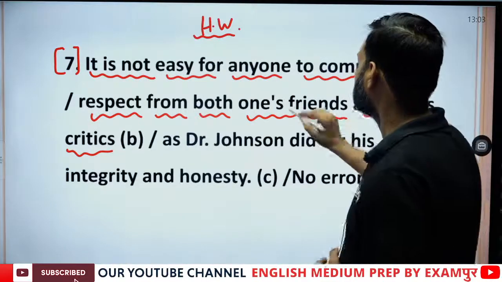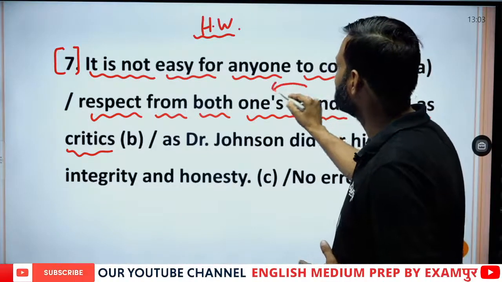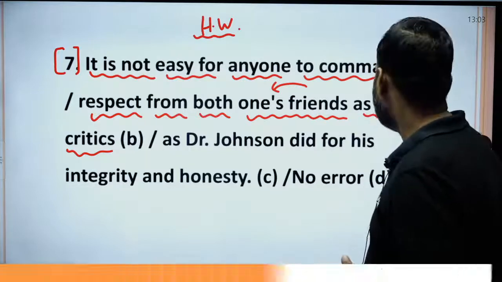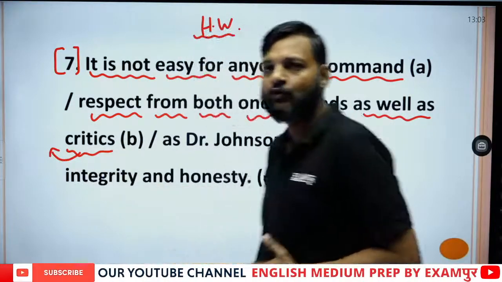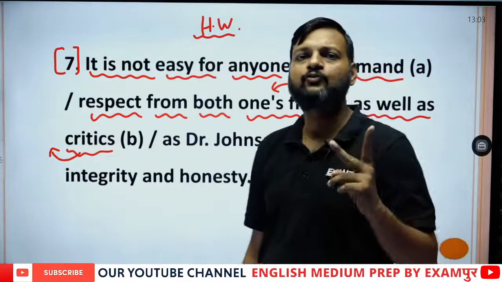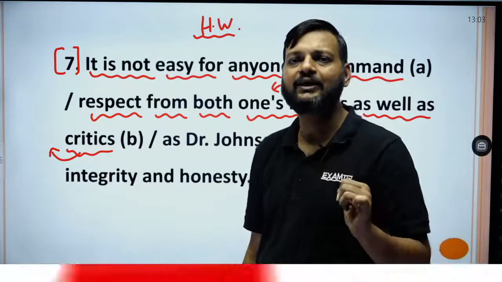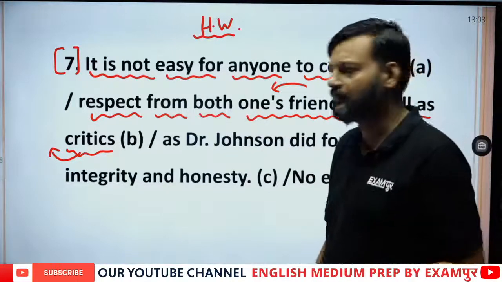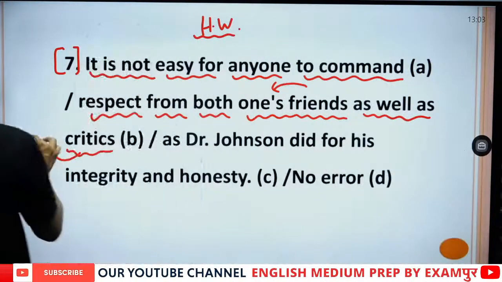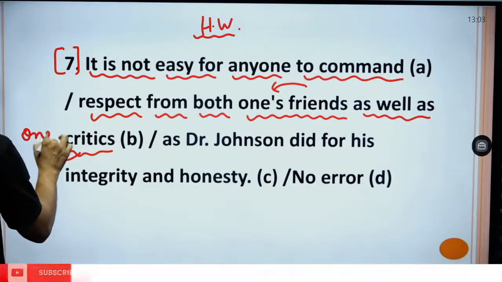Here we have written from both one's friends, and with critics no possessive word is there. If two nouns are joined using a conjunction and one has a possessive, the second must also have a possessive. So before critics we need to add one's.